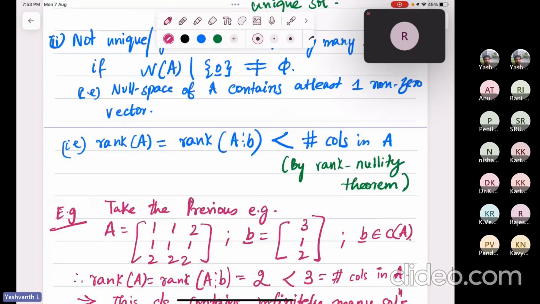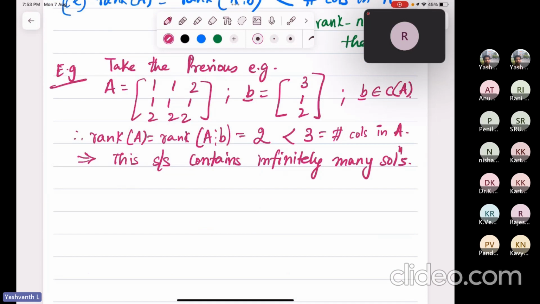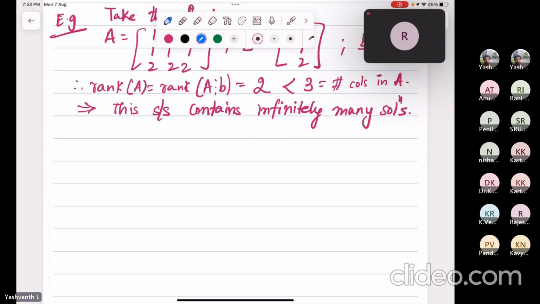Now, after having ascertained that, we need to understand how to find the solutions. That is going to be the last part of this session. I'll be wrapping up within 10 minutes. The last part is how to compute the unique solution and how to compute the infinite solutions.